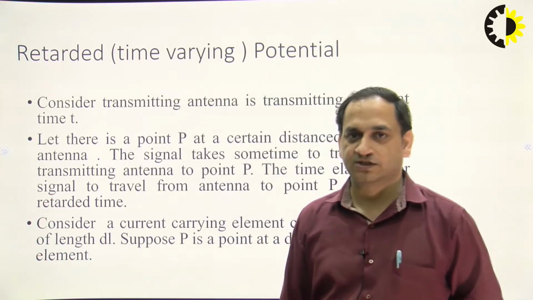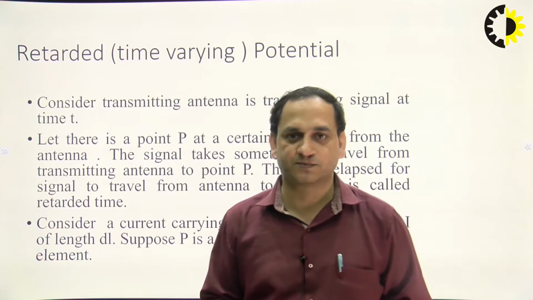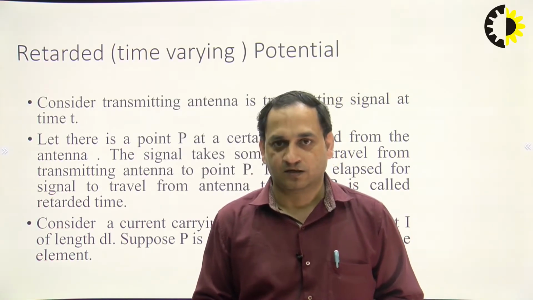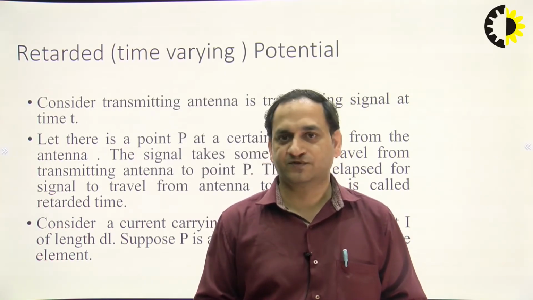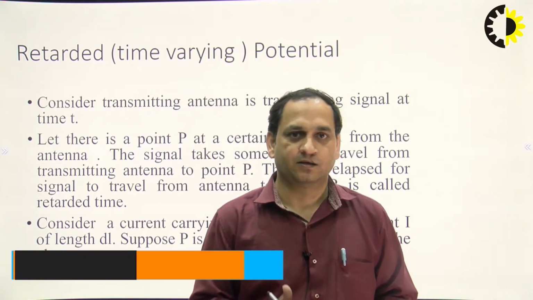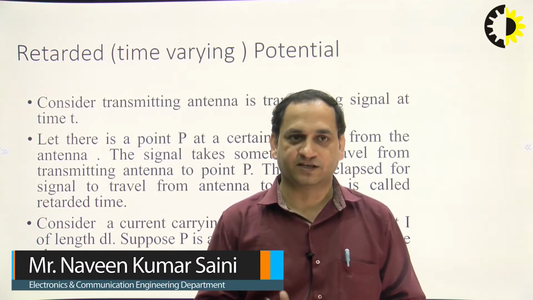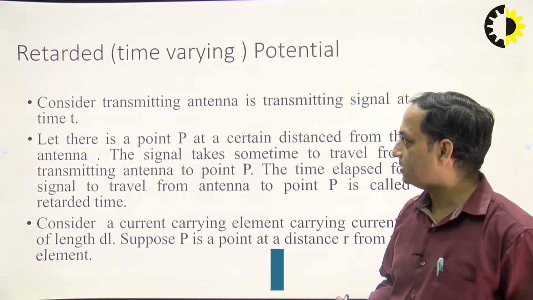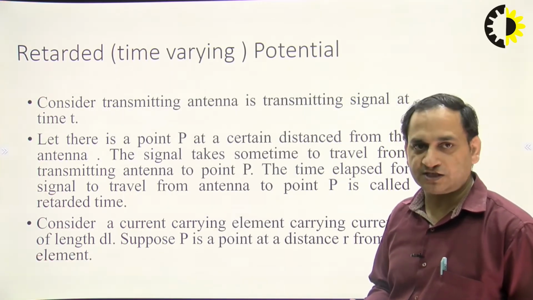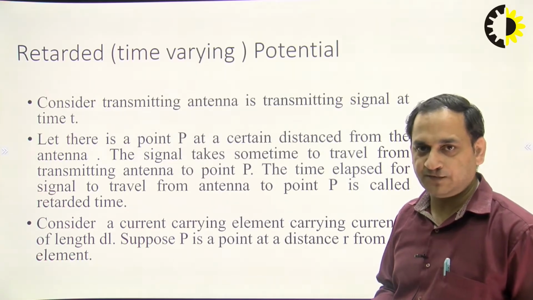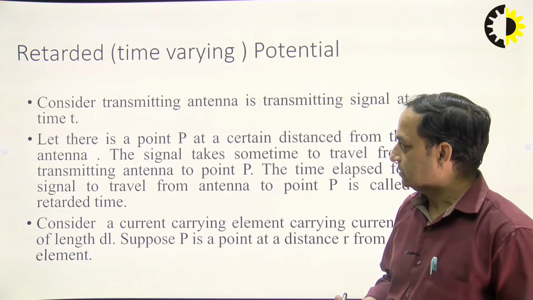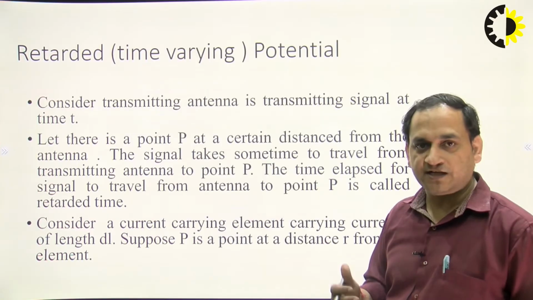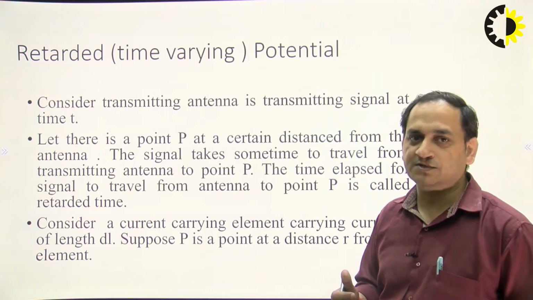Before going into the deep concept of the short electric dipole, we will first try to understand what the retarded potential is, which is time varying. Here we consider the transmitting antenna at time t, and the signal will take time to reach some distance.